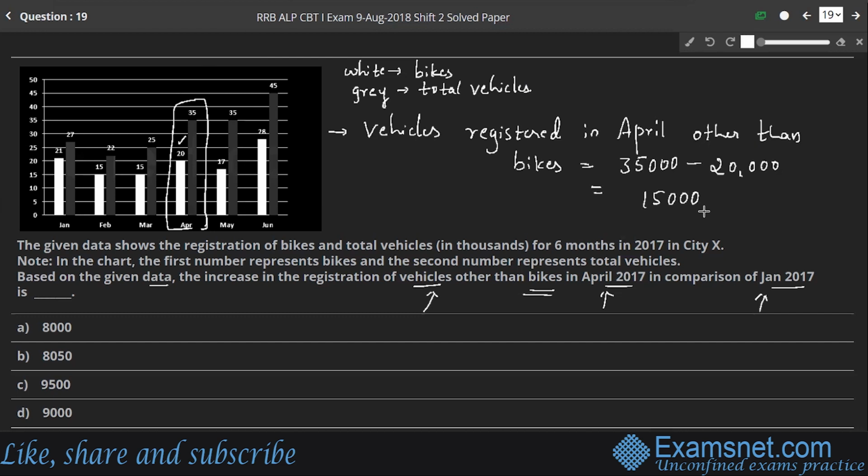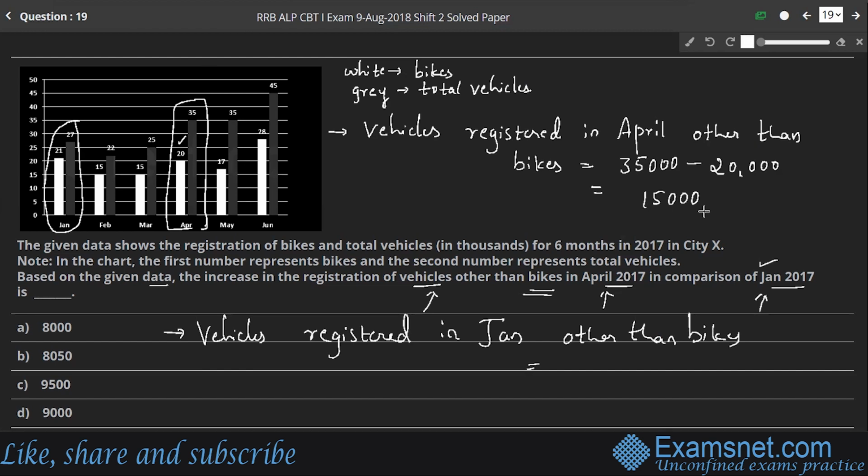Whereas in the month of January, vehicles registered other than bikes: total vehicles registered was 27,000, of which 21,000 were bikes. Therefore, it is 6,000 vehicles registered other than bikes.